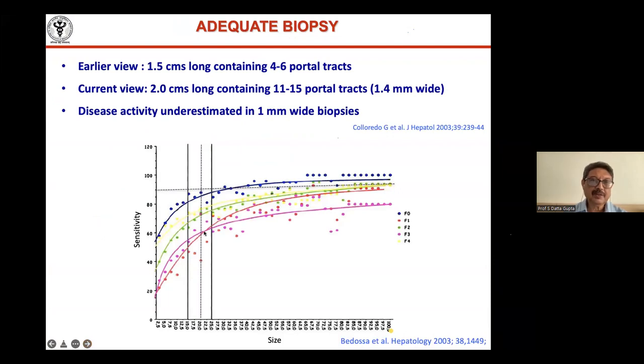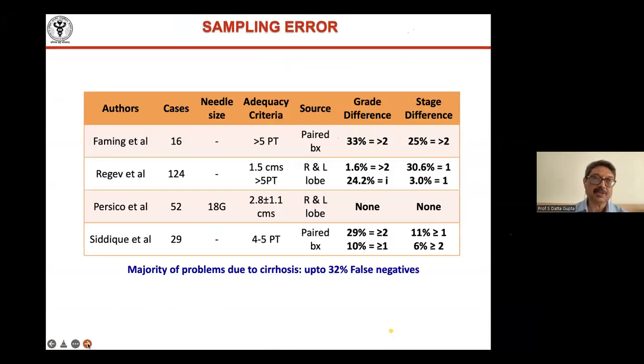Please remember, this is a study which shows that the disease activity is underestimated if the biopsy is thin and not long. There is a clear study by this group which appeared in Hepatology.